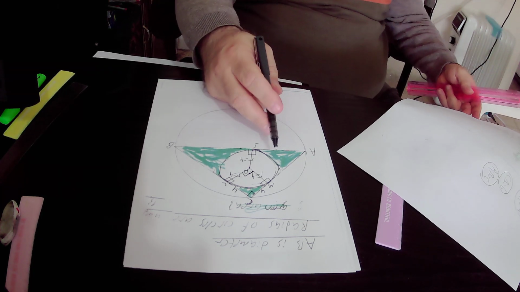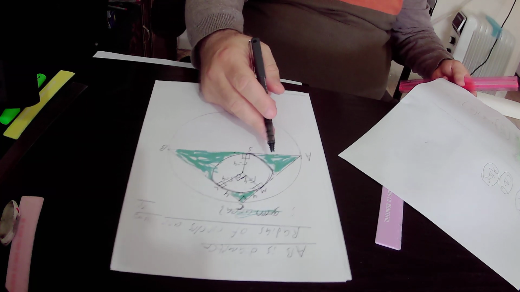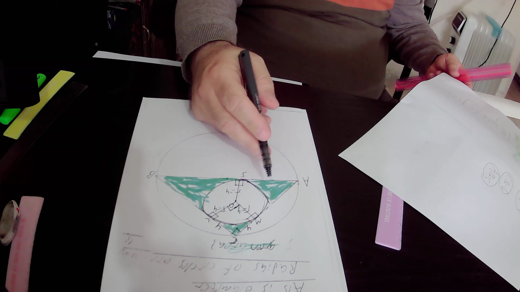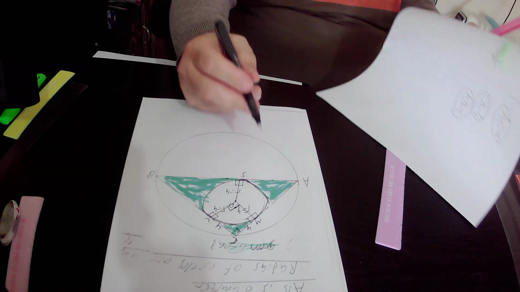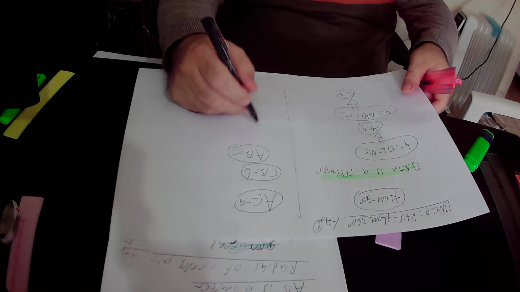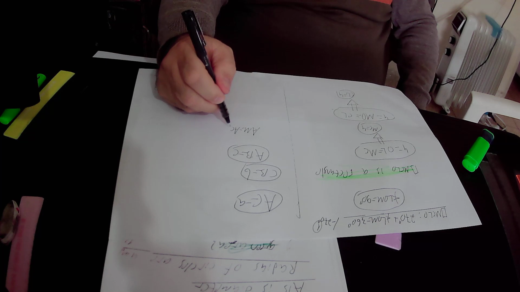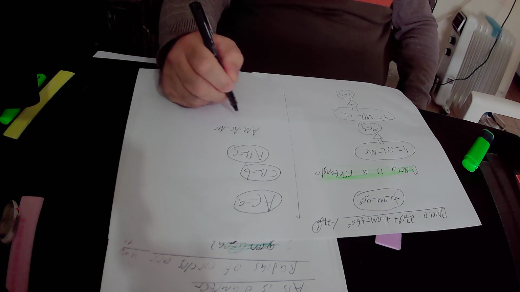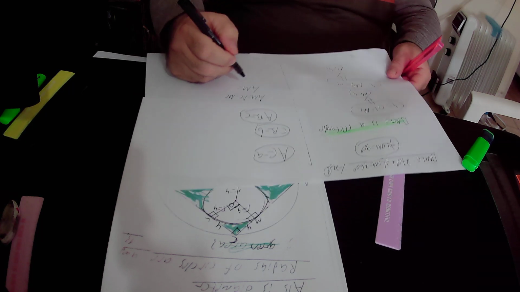What is the value of AM? It is very easy to see from the drawing that AM is equal to AC minus MC. That is to say, AM equals AC.